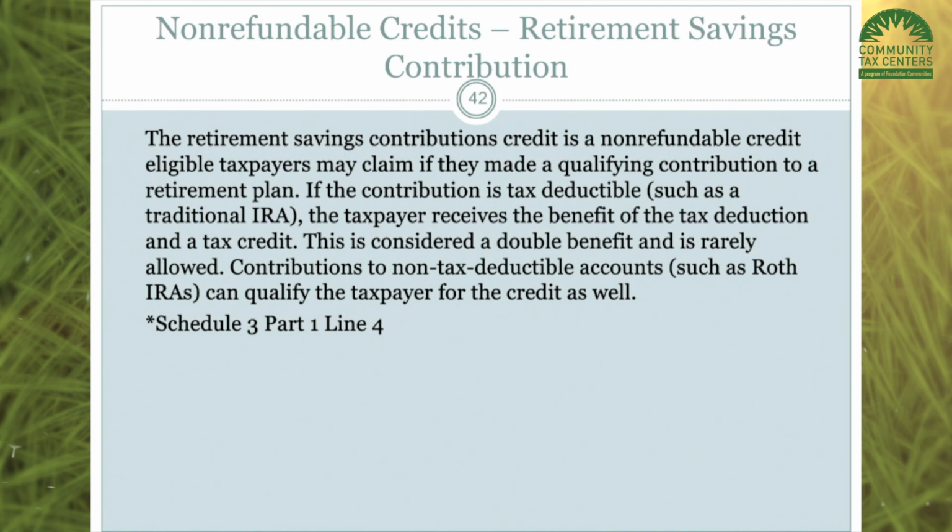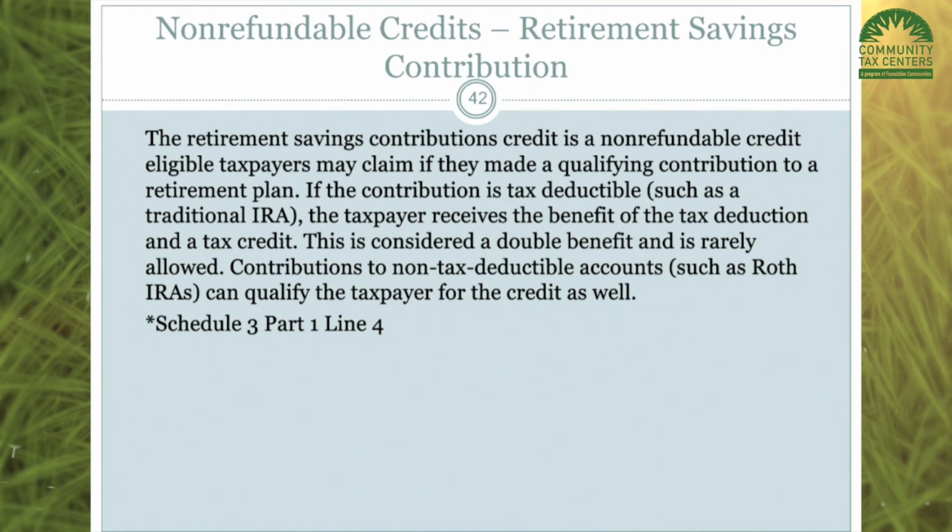The retirement savings contribution credit is a non-refundable credit eligible taxpayers may claim if they made a qualifying contribution to a retirement plan. If the contribution is tax deductible, such as a traditional IRA, the taxpayer receives the benefit of the tax deduction and a tax credit. This is considered a double benefit and is rarely allowed.